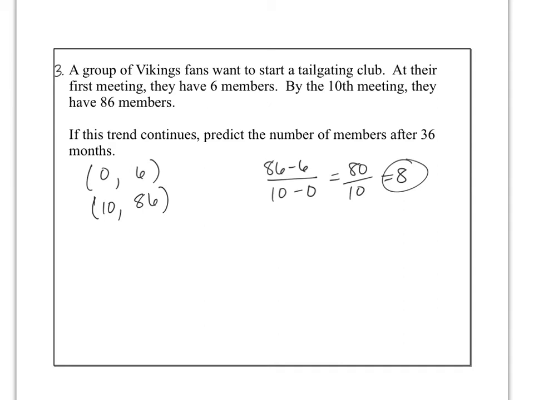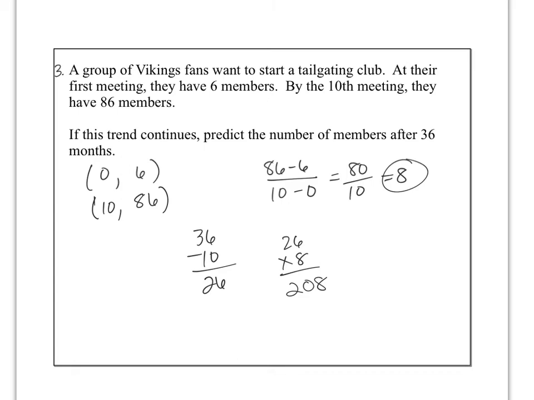Now, if this continues, how many members will they have after 36 months? Well, 36 take away 10 is 26 more months. And for each of those 26 months, they're going to gain 8 people. So 26 times 8 is 208 more members. But we have to add that to what they did have.